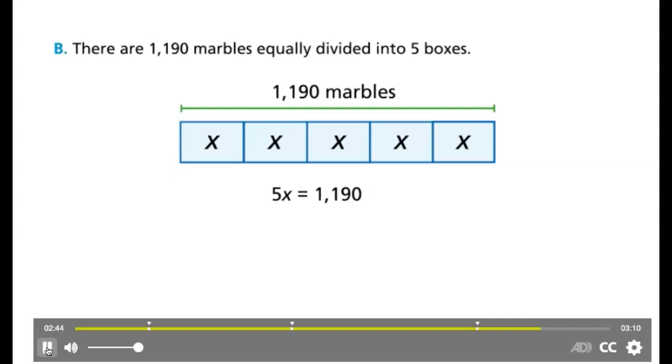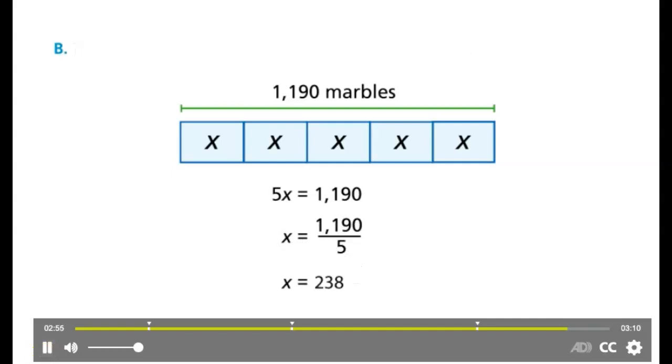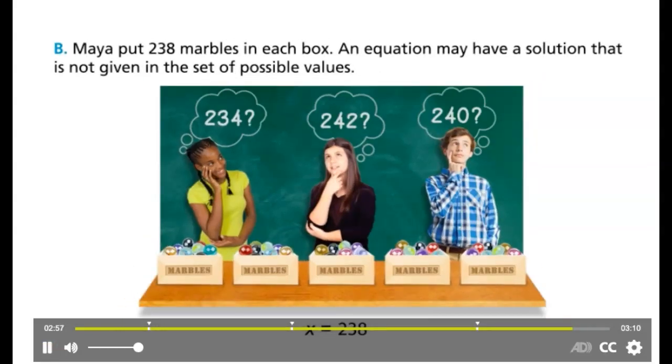You can solve this equation to find the actual number of marbles in each box. Divide each side by 5 and simplify. Maya put 238 marbles in each box. Notice that an equation may have a solution that is not given in the set of possible values.